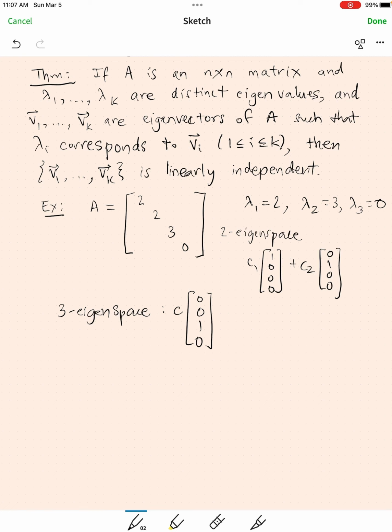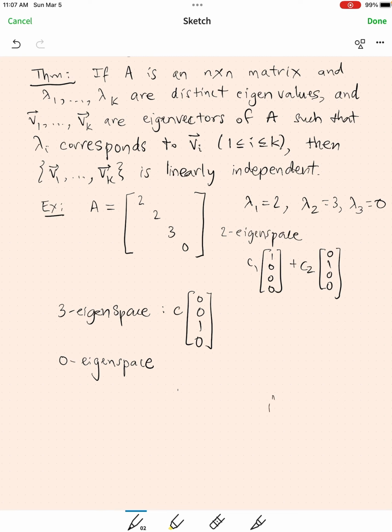And then the 0 eigenspace. Well, what's another name for the 0 eigenspace, by the way? These are the vectors v such that Av is 0v. Well, 0v is just the 0 vector. So the 0 eigenspace, we went over this before, but it's just the null space.